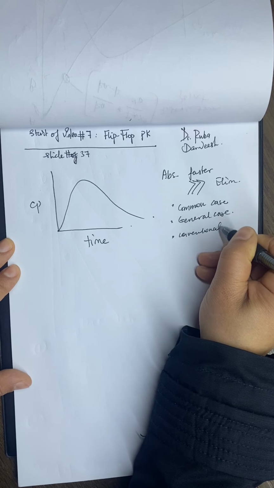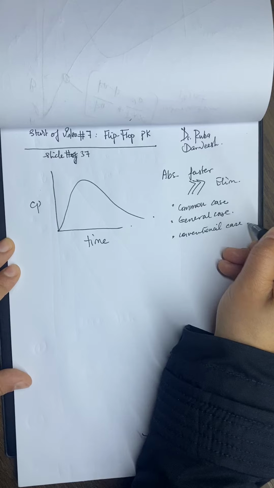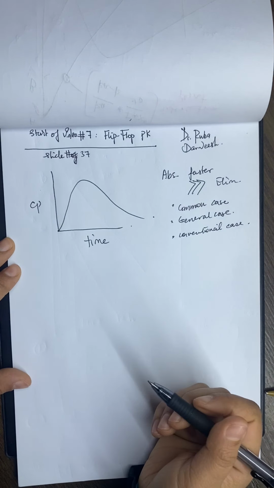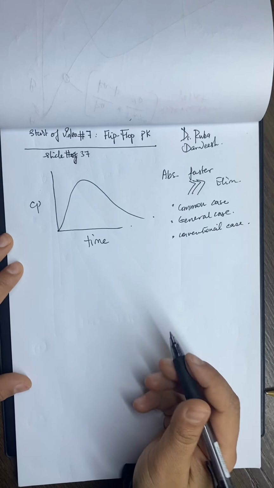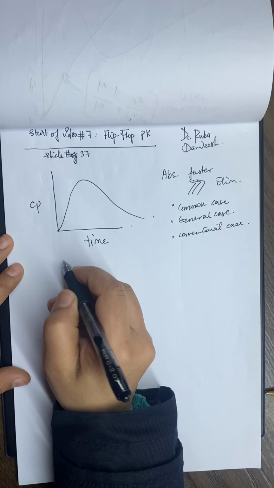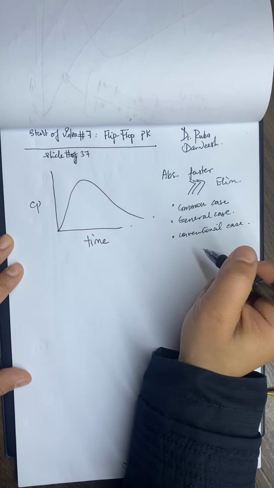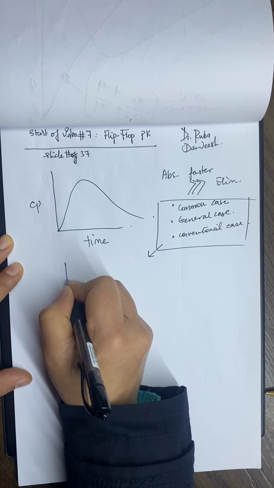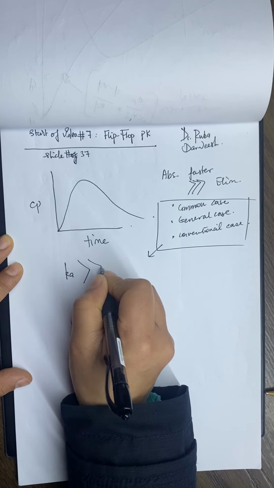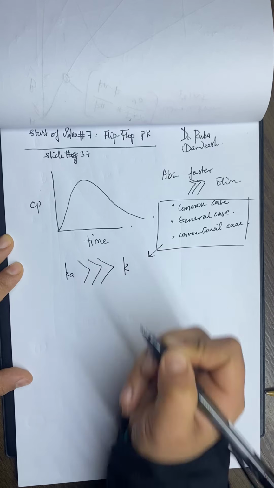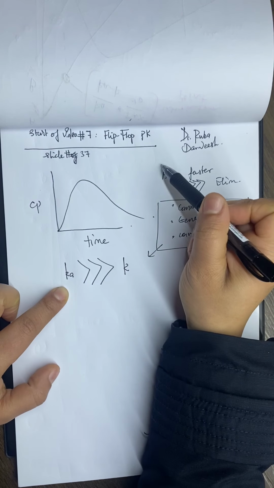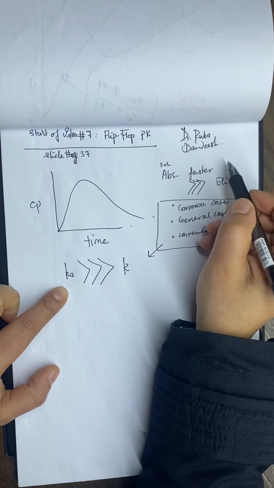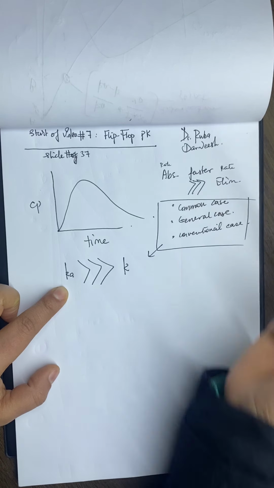So it's more common than the other case, which is exceptional. When this happens, which is the general case, Ka is larger than K. That's why the rate of absorption is usually faster than the rate of elimination.